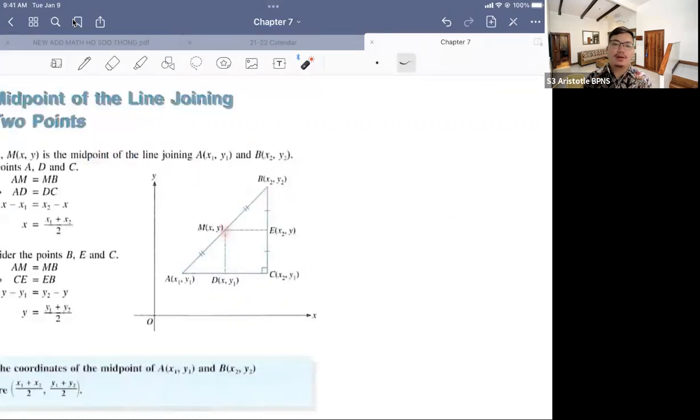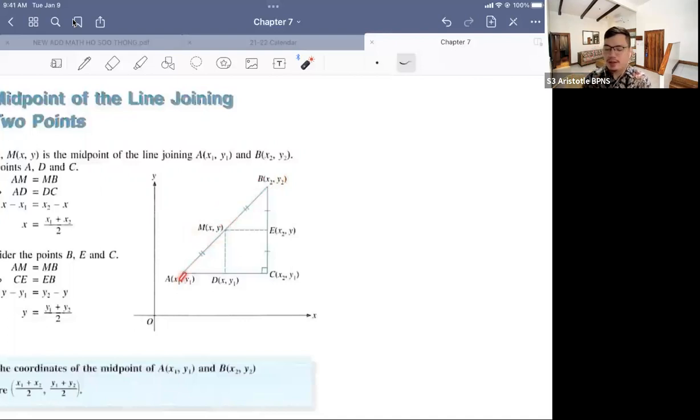For example, line AB here. M is the midpoint. That means this point will divide this line exactly in two halves. So if this is 3, this is also 3. You get the definition of a midpoint, right? Middle point.